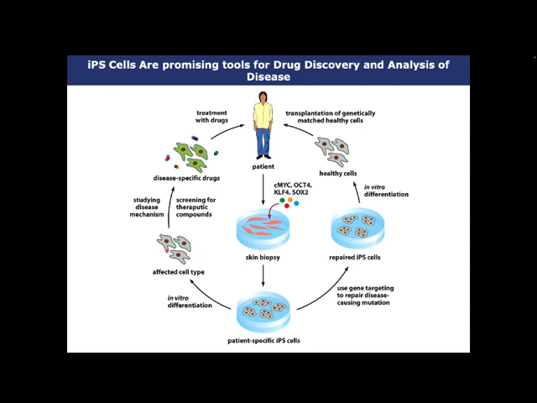So we can create the affected cell types for human disorders with this iPS technology, and by using this affected cell type specific source, we can study the disease mechanism of human disease as well as screen for therapeutic compounds. Especially, it will enable patient-specific treatment, so a patient-specific drug can be developed by this unique property of induced pluripotent stem cells.